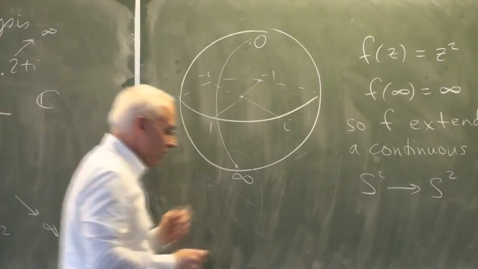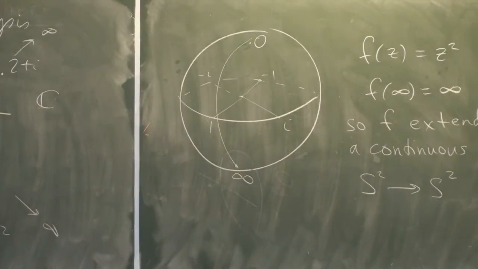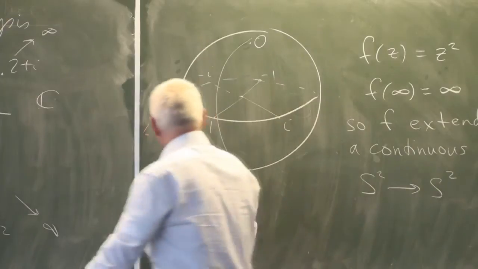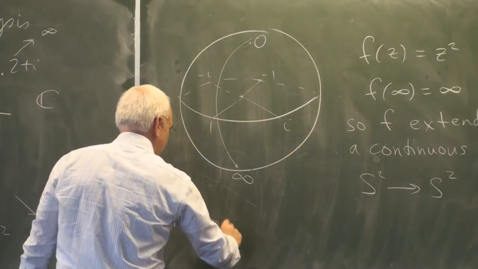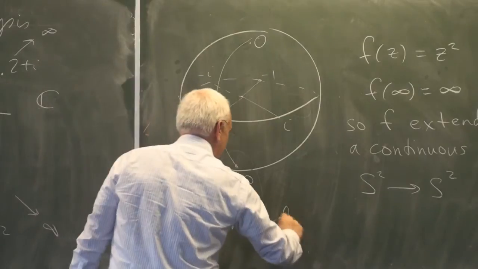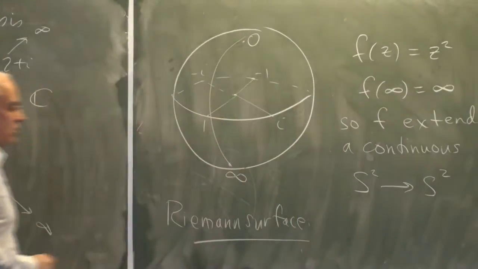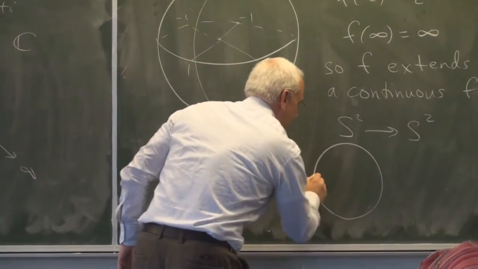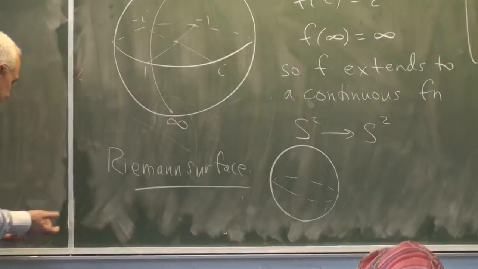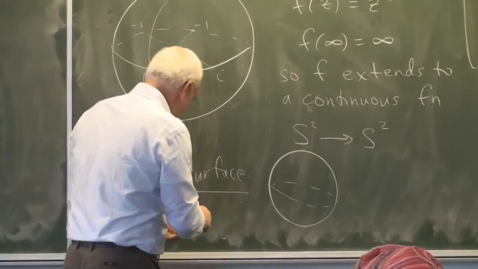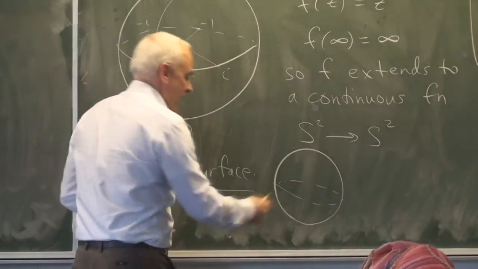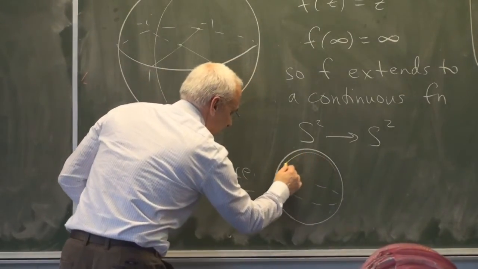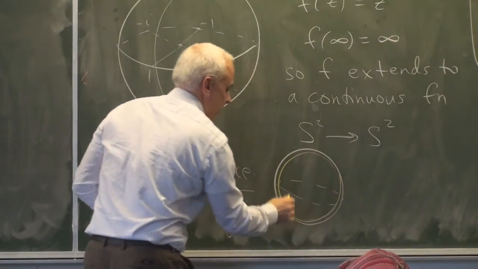And what Riemann realized is that the image of this function can be thought of in terms of what's now called a Riemann surface. What you're really doing is taking 2 copies of the sphere. It's a little bit hard to draw, but there's one copy in white, let's say, and another onion layer, really very close but just inside it.